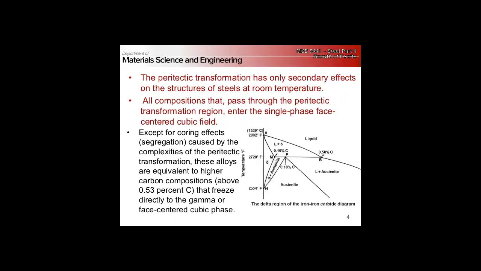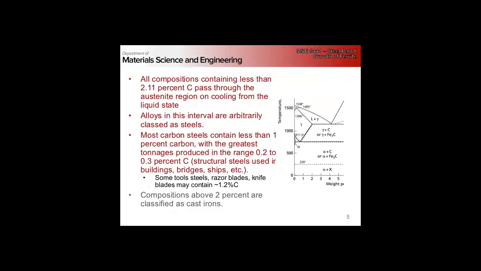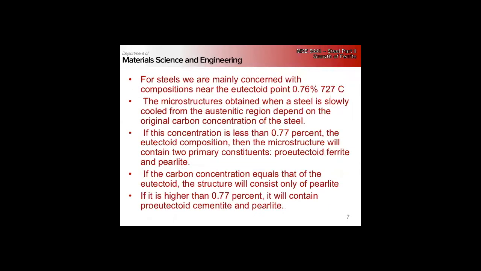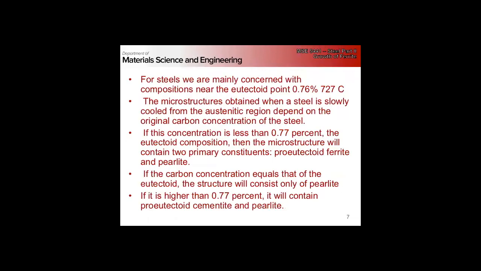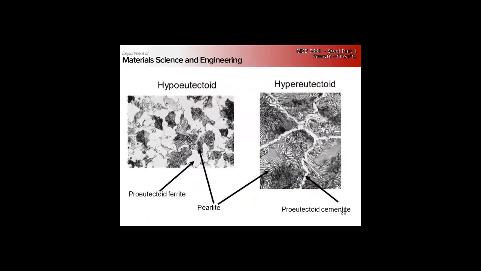But generally, we're not too worried about that. Don't worry about cast irons. You should definitely be able to make a sketch and describe what's going to happen for slow-cooled hypo-, hyper-, and eutectoid steels.